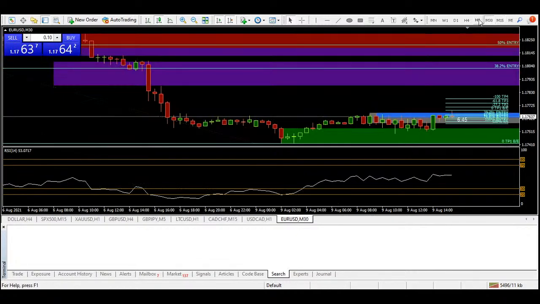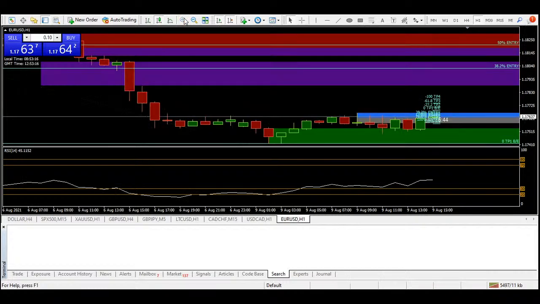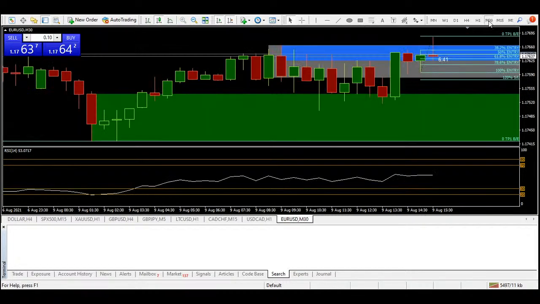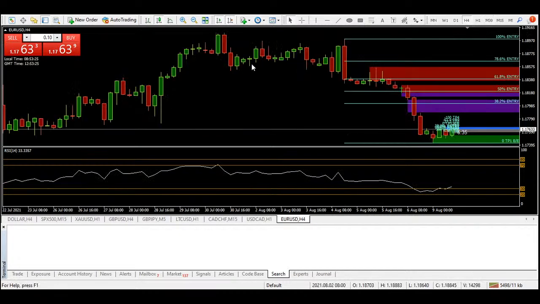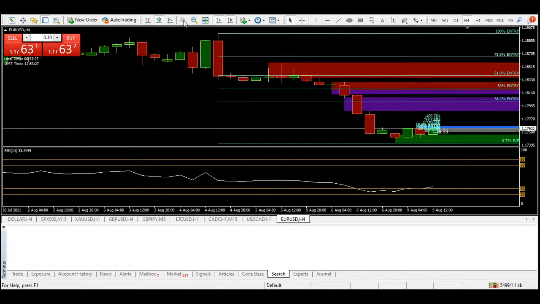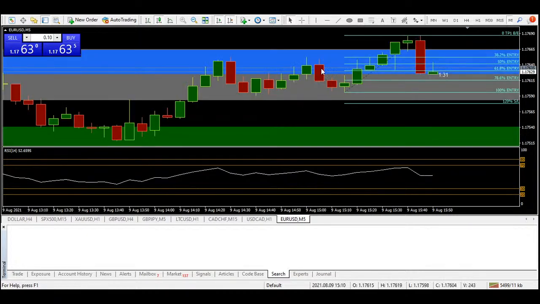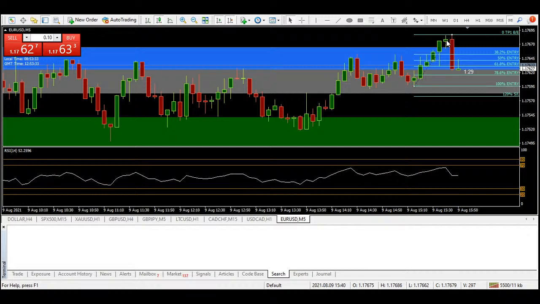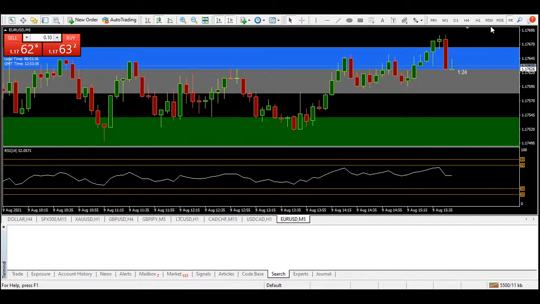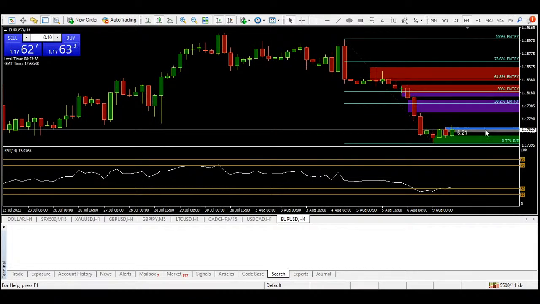Of course, the higher the time frame, you can see that. Got a nice little doji right there. I prefer this 4 hour anyway. Take these off. That's the only thing about MetaTrader, guys. It's just hard to see through different things.